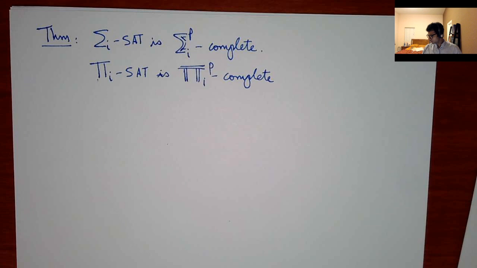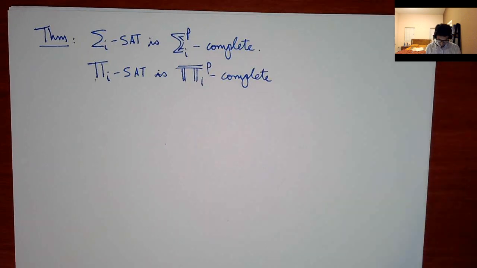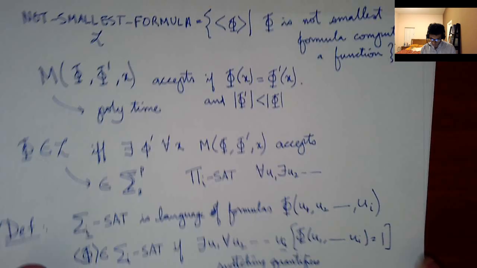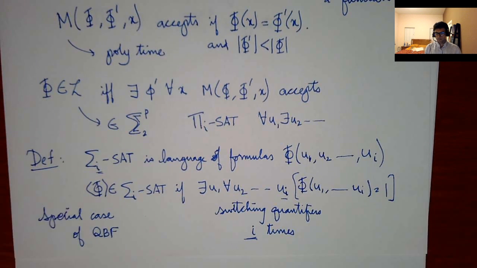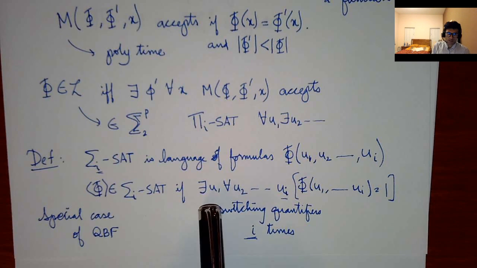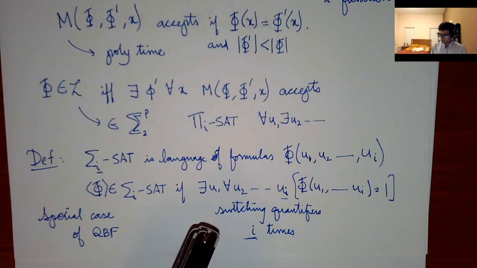Can you go back really fast to the definition of Pi_i SAT? Yes. Okay, so this formula phi, it's special in that it always equals 1, no matter what, for any of its inputs, or to satisfy it. No, it says that there exists a u1, so that for all u2 there exists a u3, so that for all u4 there exists a u5.